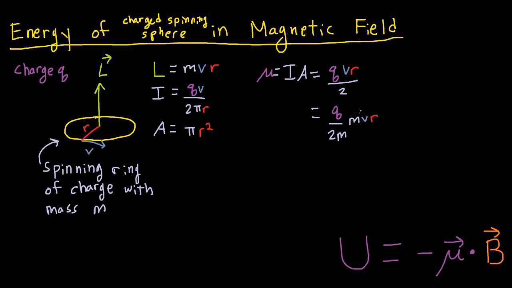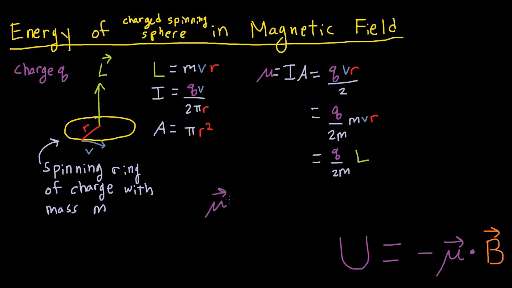So we can rewrite this as Q over 2m times L. And because mu here will point in the same direction as the vector L, we should actually write this as the vector expression.